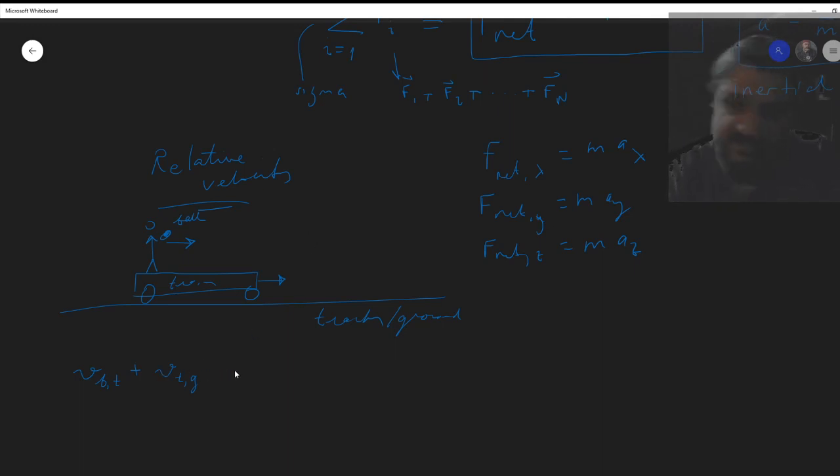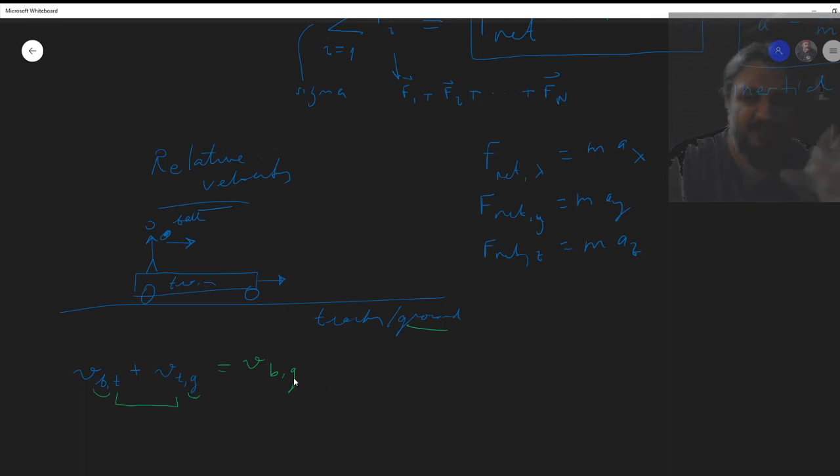So what happens here is, you get rid of the index T, which stands for train. What does remain? B and G, right?